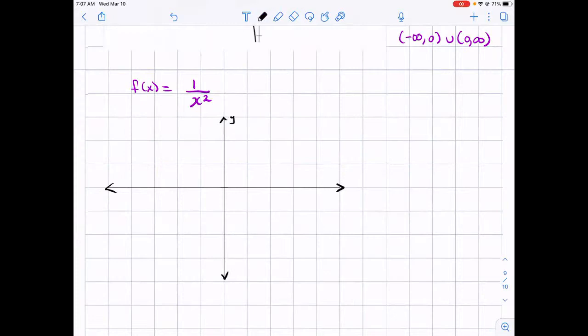For 1 over x squared, we're going to have a graph that looks like this. Because anytime x is negative or positive and you square it, the answer will always be positive.